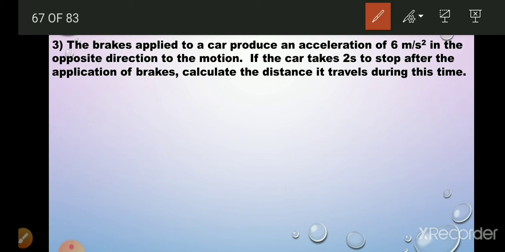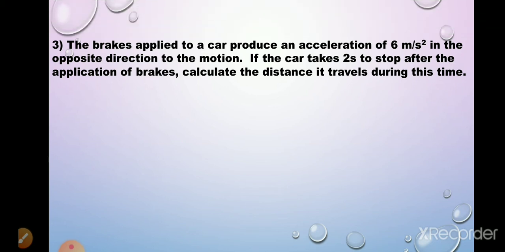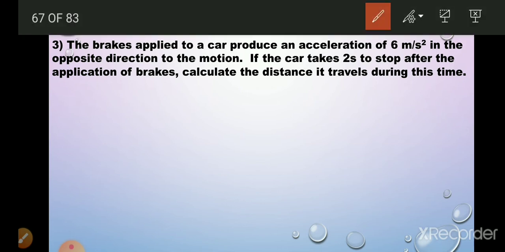The brakes applied to a car produce an acceleration of 6 meter per second square in the opposite direction to the motion. If the car takes 2 seconds to stop after the application of brakes, calculate the distance it travels during this time. So first, write what is given. Acceleration is given, that is a is equal to 6 meter per second square in the opposite direction.